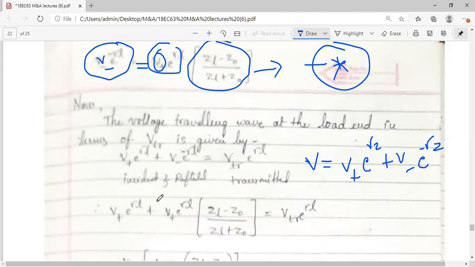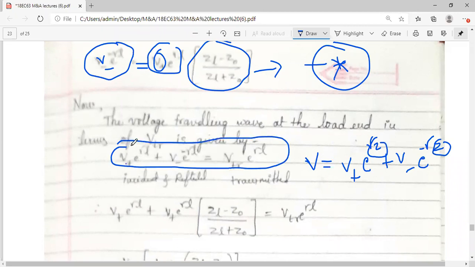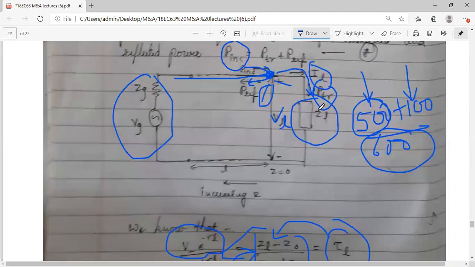For transmission line, this reflection and transmission coefficient, we are replacing z by L. Okay, so I have written that equation here. You can see V plus e raised to gamma L plus V minus e raised to minus gamma L is equal to, if I am considering the traveling wave, that is how much transmitted wave we have.